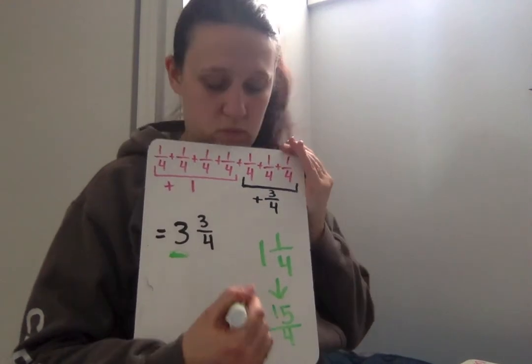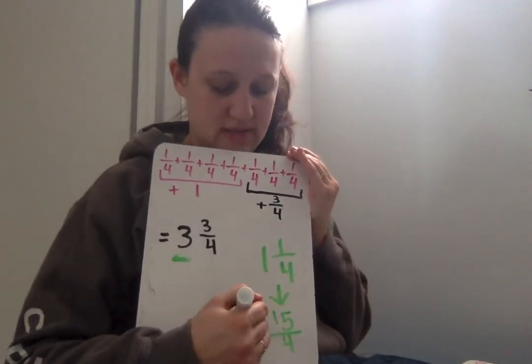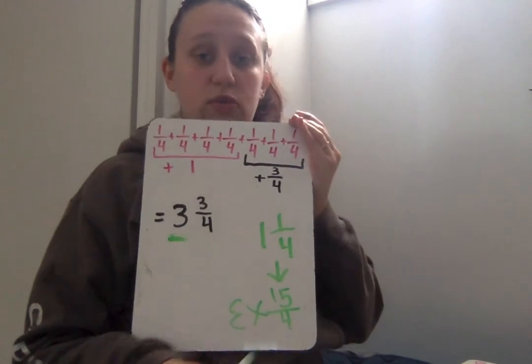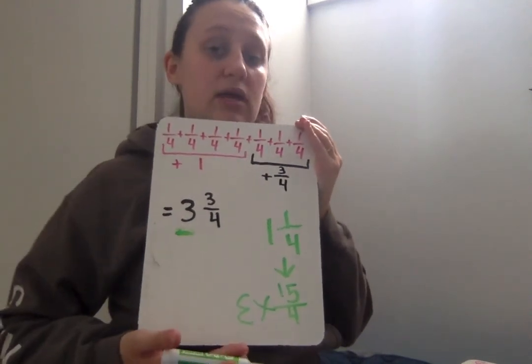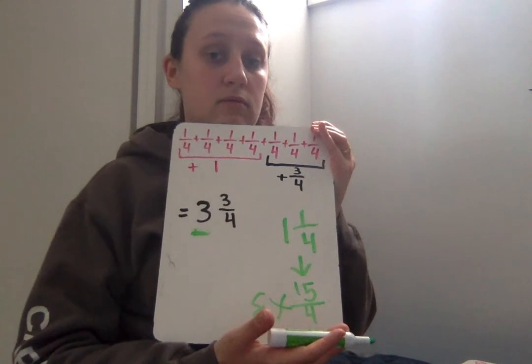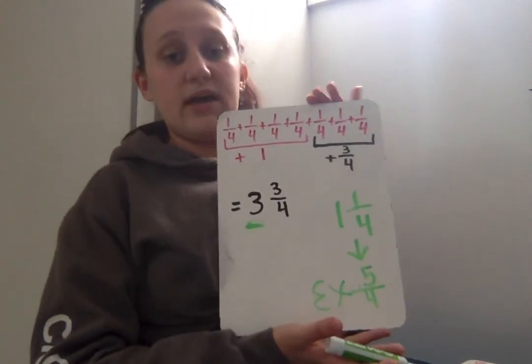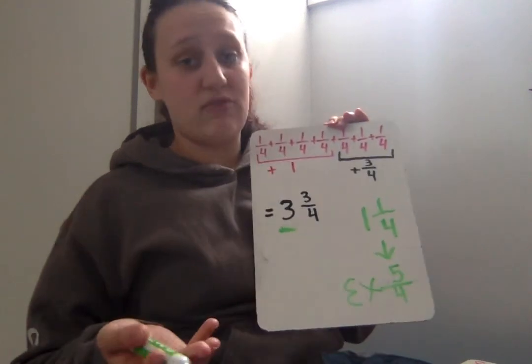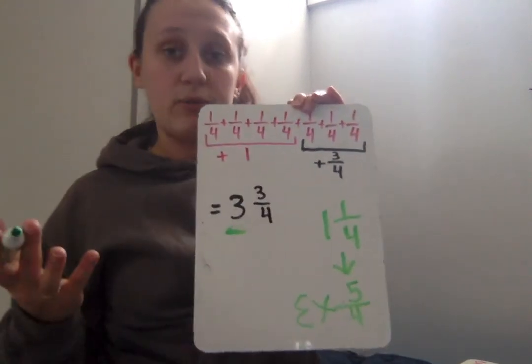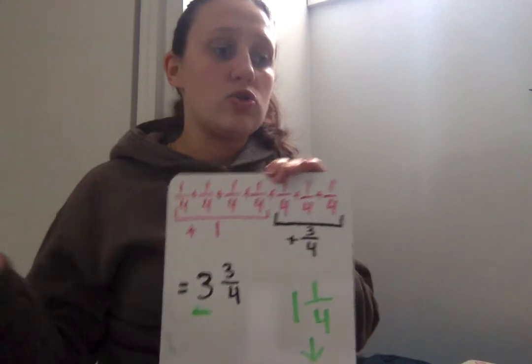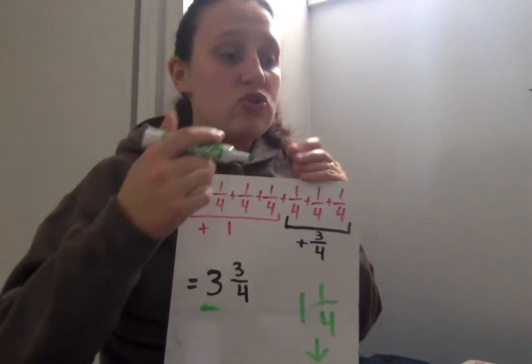And then from there, we just multiply by however many times that person is doing it. In his case, he's doing it 3 times, and we get 15 over 4. Oh, I'm sorry, I earlier said this wasn't supposed to be 15, it's 5/4, and we get 15 over 4. Then you just have to change that into a mixed number. Easy peasy.